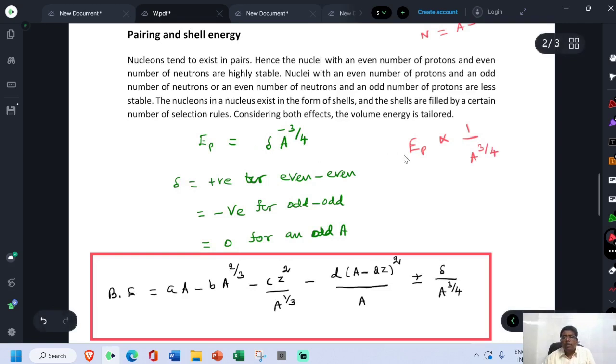Then to remove the proportionality sign, we are using the constant delta. If you bring this to the numerator, this is written as A power minus 3 by 4. The value of delta is positive for even, negative for odd, and 0 for an odd A.